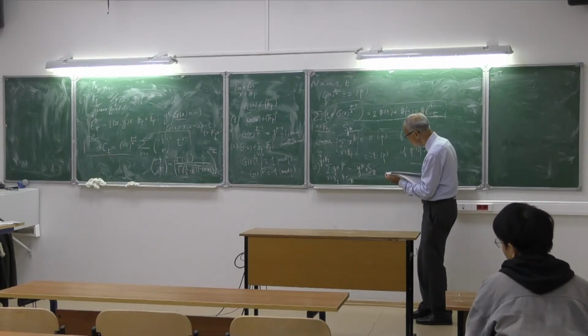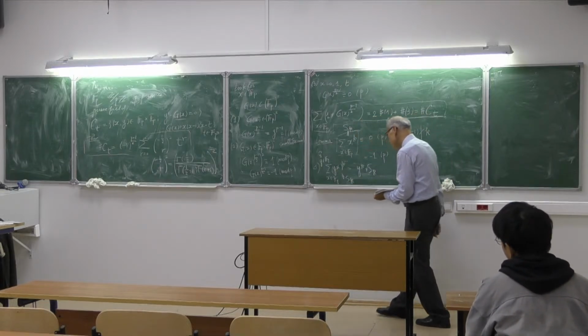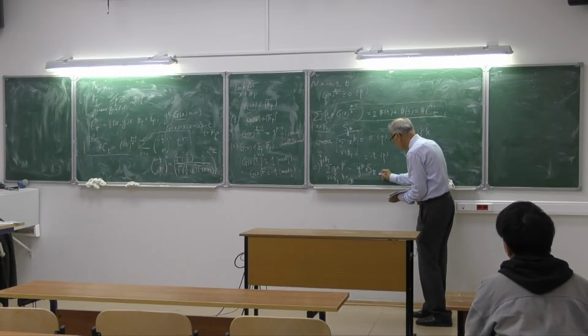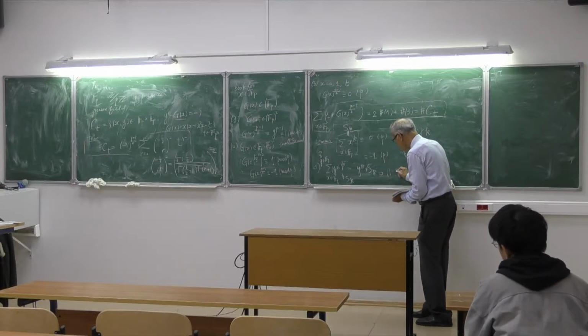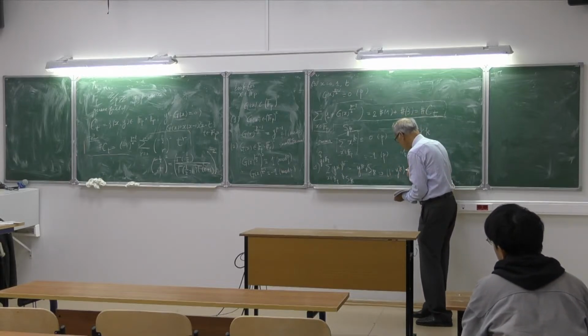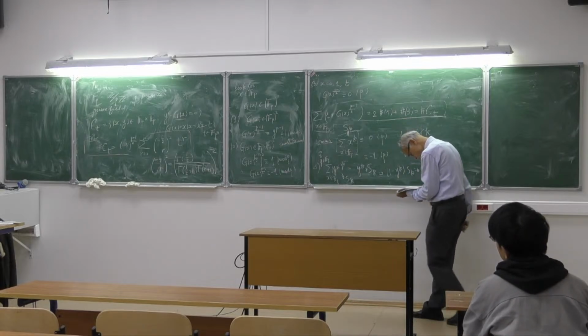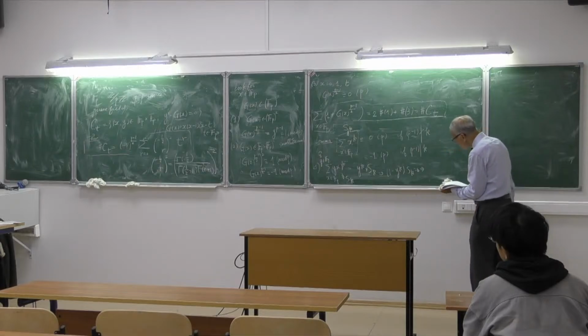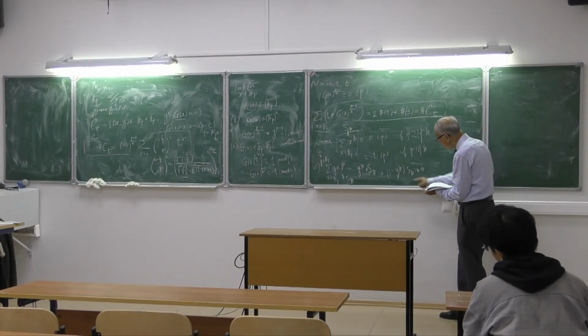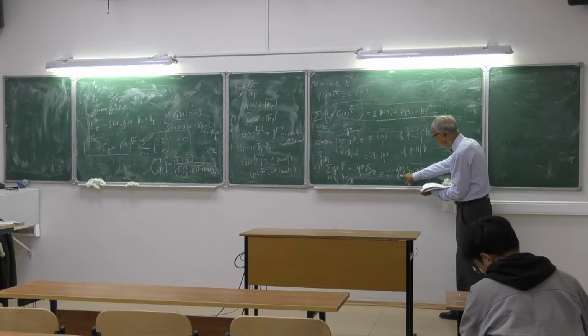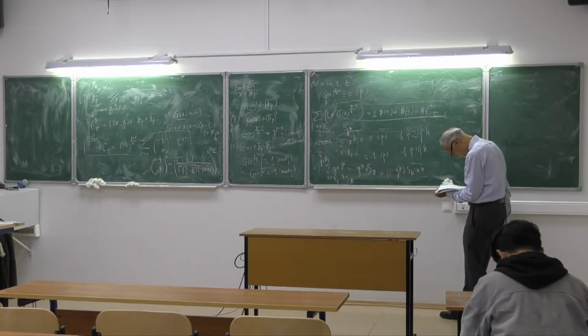So Sk, that is 1 minus y to the power k, times Sk equals 0. That is to say, if y to the power k is not 1, then Sk itself must be 0.